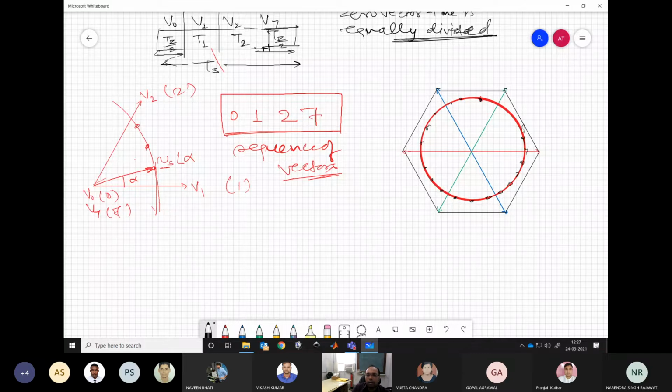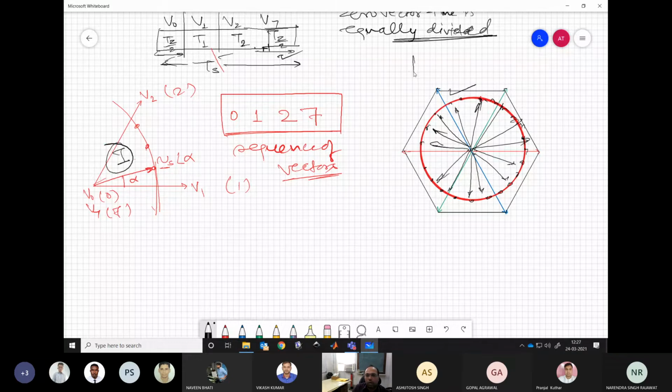Then for each and every point, whichever vector is there, its position and magnitude, we realize one by one based on our computations. Because each sector is 60 degrees and we try to make it symmetric, whatever T1, T2 and Tz computations we have done for this one sector is true for all the sectors.